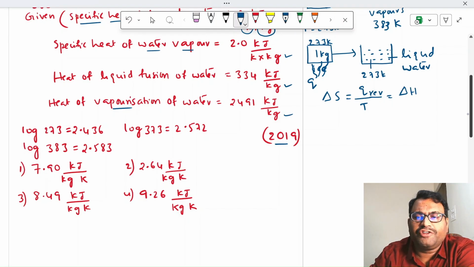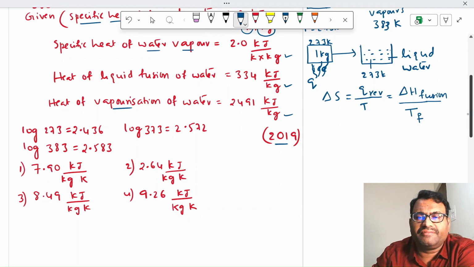Delta H fusion. Whatever heat amount you are given here is considered the enthalpy of fusion, happening at the fusion temperature. I can take it as F, or freezing temperature. So what is this?